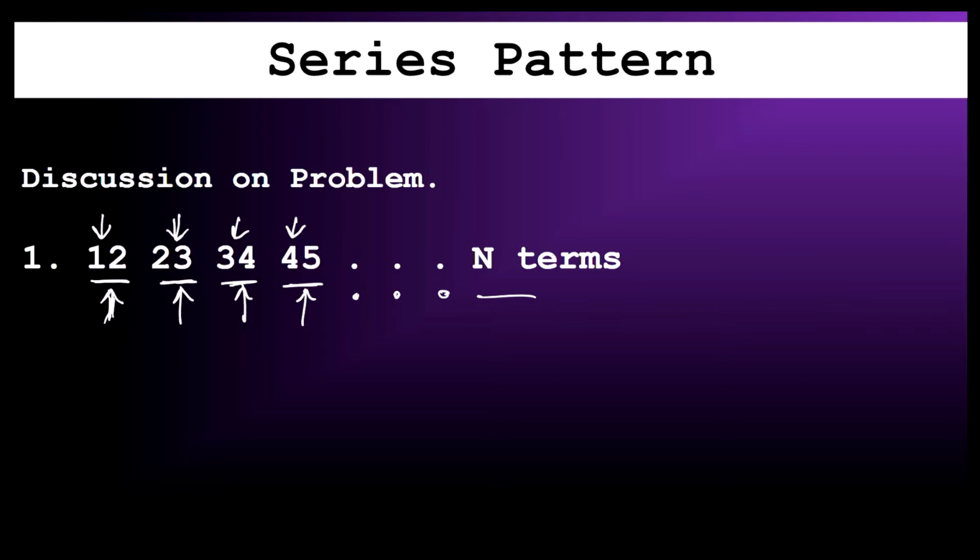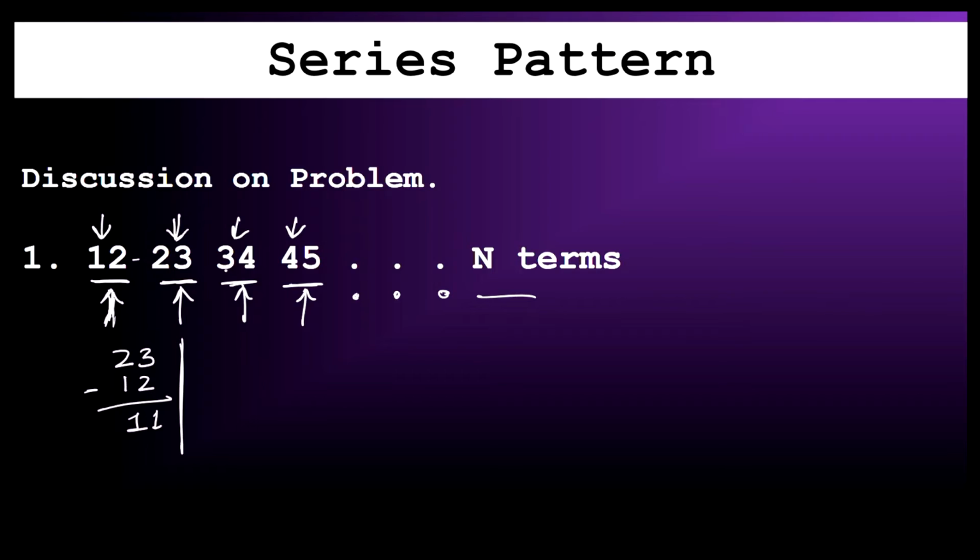So what can we do in this type of problem? When we don't find any link between the term number and the number of items here, we generally find the difference between the two terms. If you find the difference between 23 and 12, you will get 11.